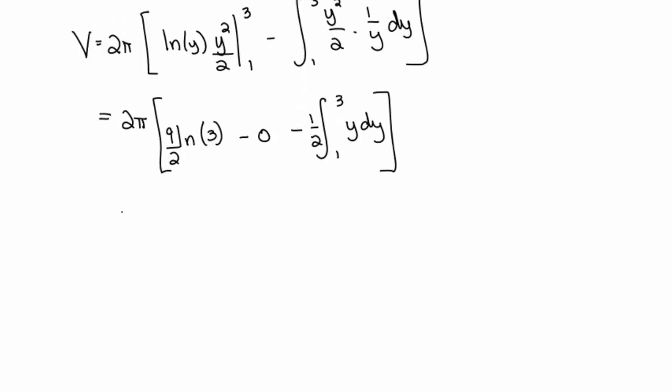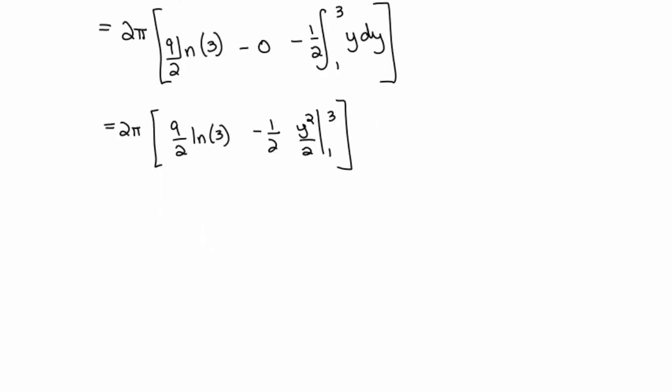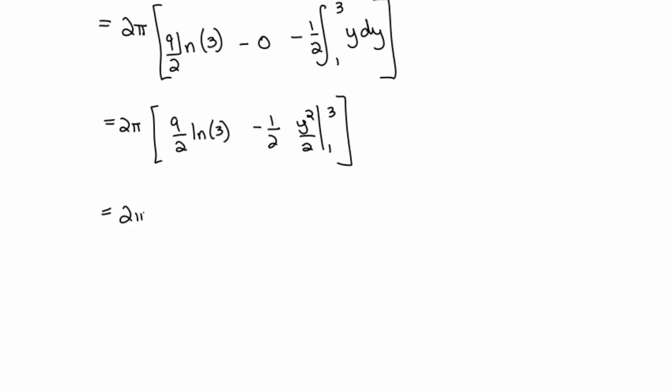So this is going to be 2 pi times the quantity 9 halves natural log of 3, minus 1/2 y squared over 2 evaluated from 1 to 3. Actually, all these terms have a half in them, so I'm going to factor out a half. So I just get 9 natural log of 3 here, minus 9 halves, and then plus, because the sign flips, a 1/2.